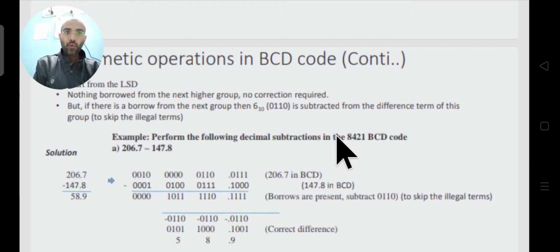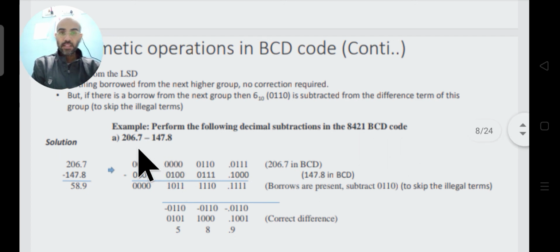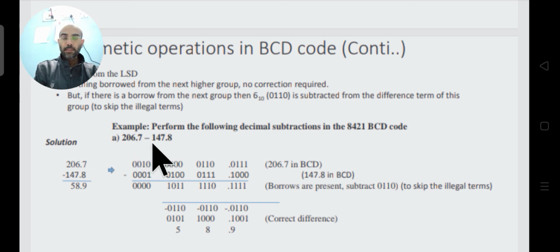Perform the following subtraction in 8421 code. So how to perform the subtraction? The numbers are 206.7 minus 147.8. I want to subtract 147.8 from 206.7. Let us first see it in the usual decimal number.